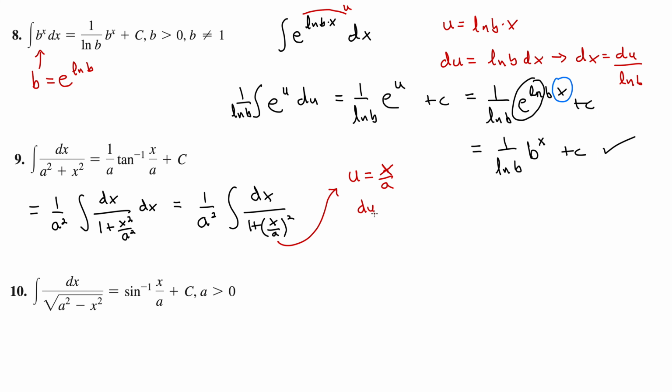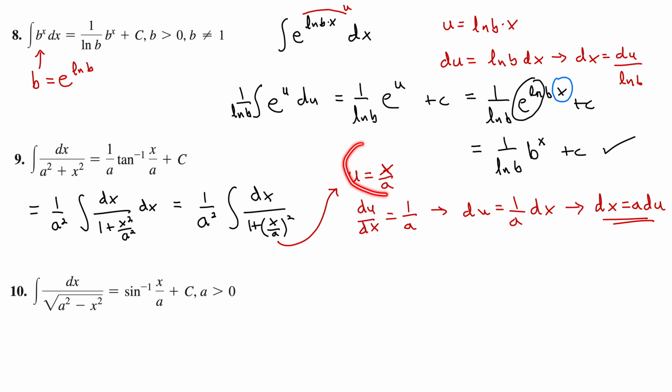Okay, then du dx, or you can just write that as du and bring the x up automatically, is 1 over a. So then du must be 1 over a dx, and then dx must be a times du. That's what we're looking for here.